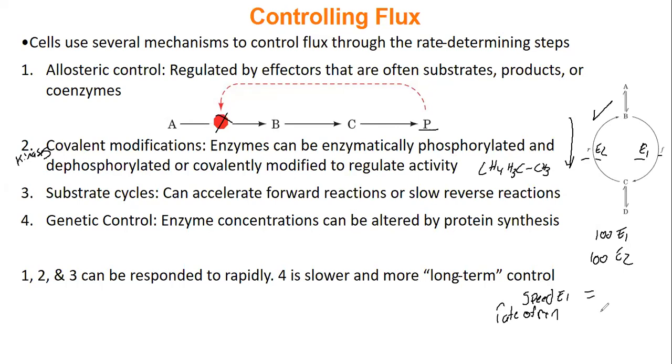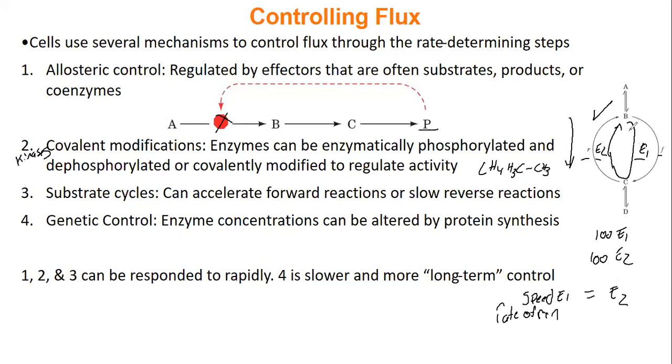The rate of reaction of each individual E1 is the same as E2. So right now we're in equilibrium, and in this situation we're not making A or D. We're just doing a useless cycle where we go to B and then from B to C, right back to B.